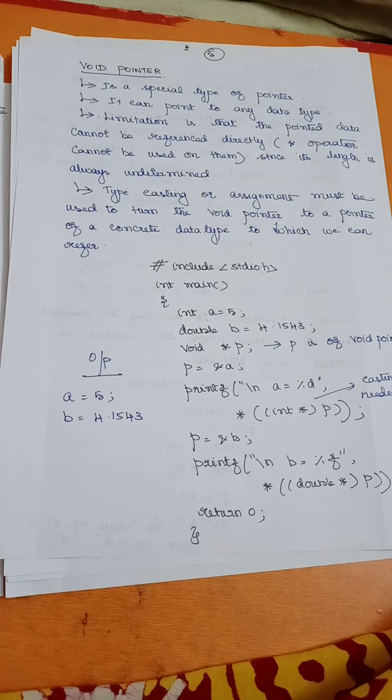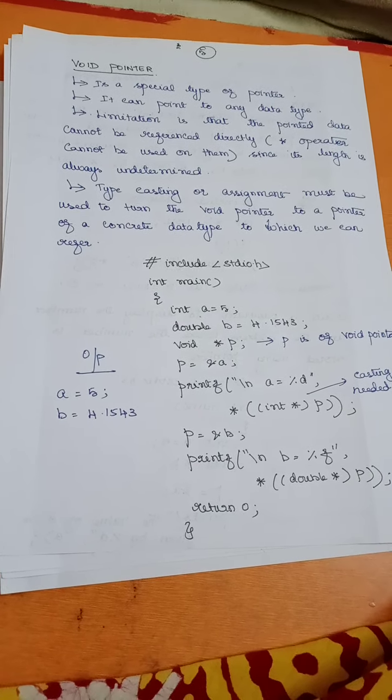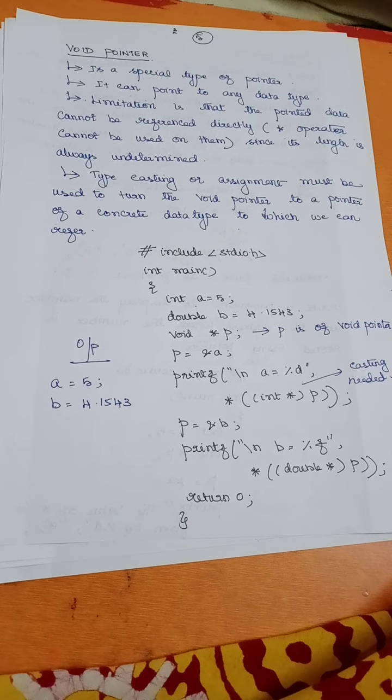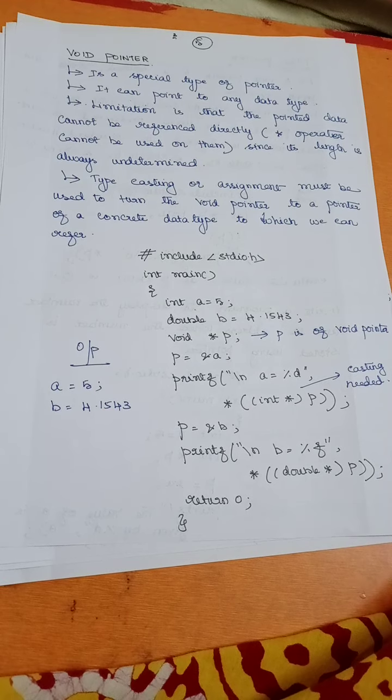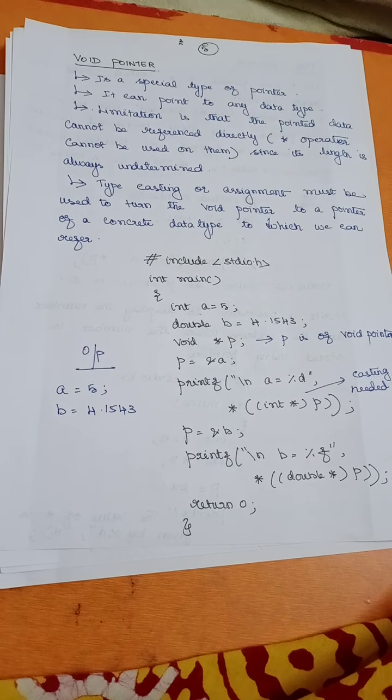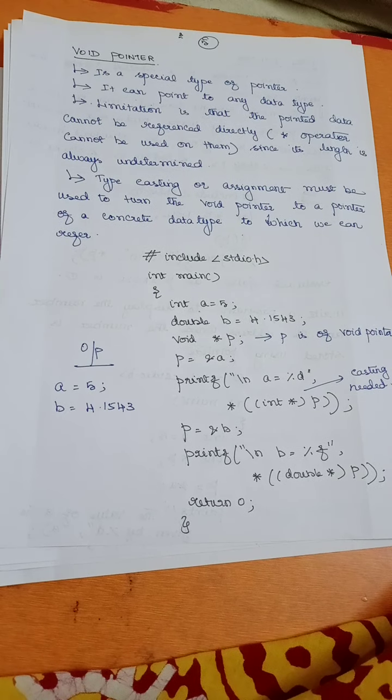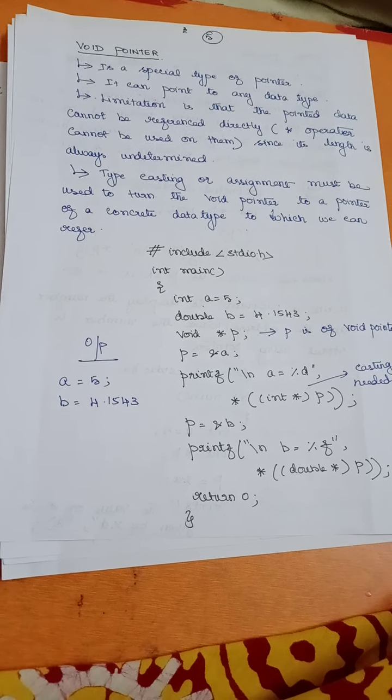Now we'll see what we mean by a void pointer. What is this void? Void means nothing. So this is a special type of pointer. And why do I need this particular type? Because it can point to any data type.